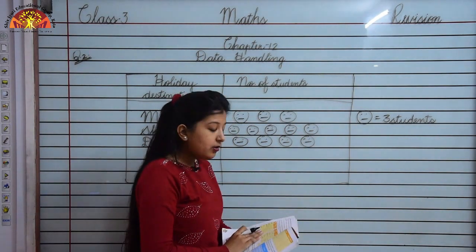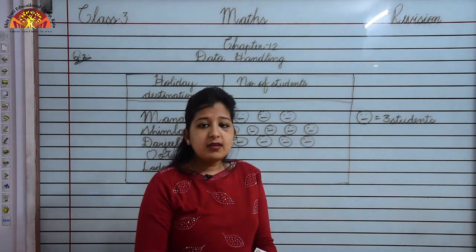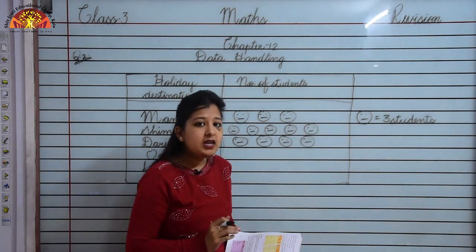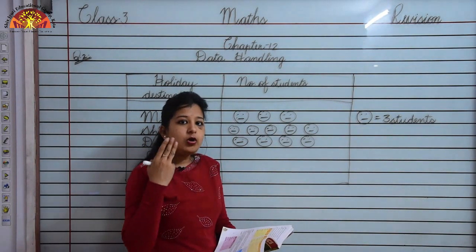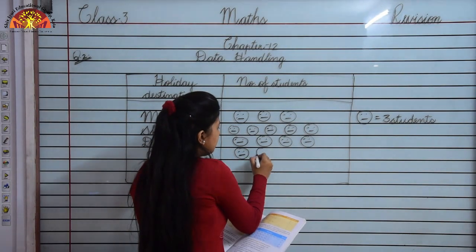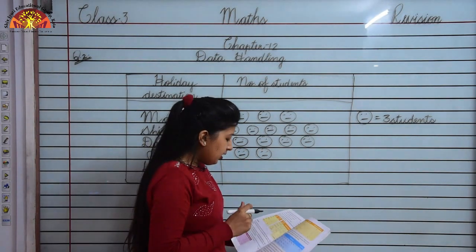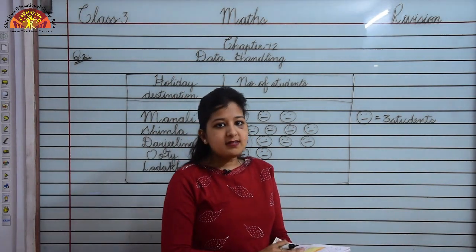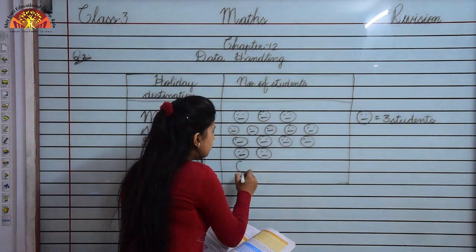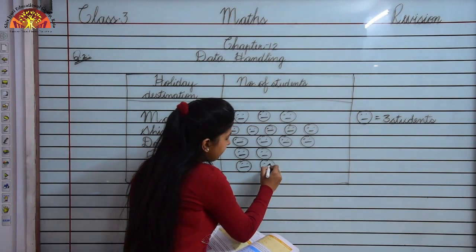Now next one is Ooty. So Ooty is the favorite holiday destination of 6 students. So how many smileys will we draw? We will draw only 2 smileys. 1, 2. Now again Ladakh is the favorite holiday destination of 6 students. So again we will draw 2 smileys.